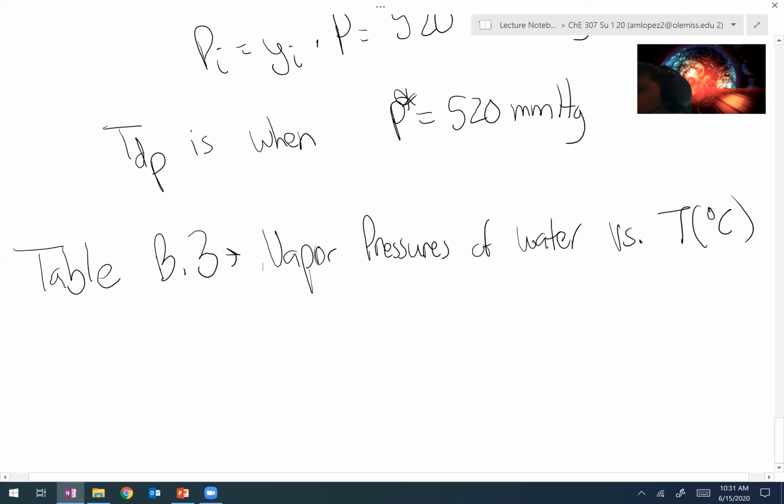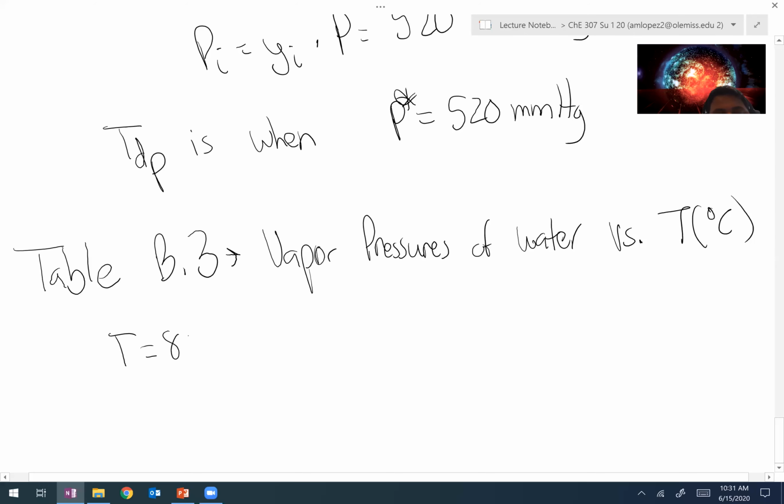So to find the exact temperature, we would have to interpolate between 89 degrees, which is showing 506.1 millimeters of mercury, and 90 degrees, which is 525.76 millimeters of mercury.